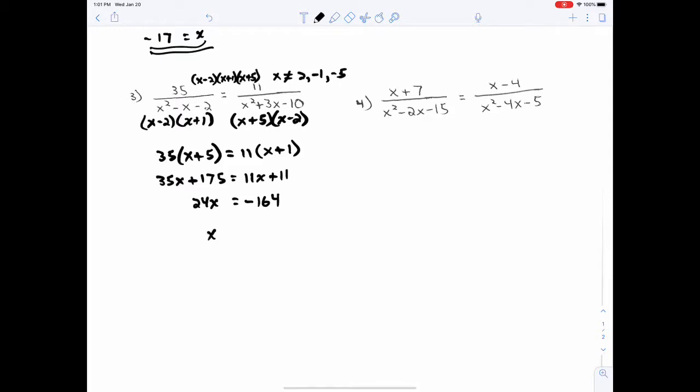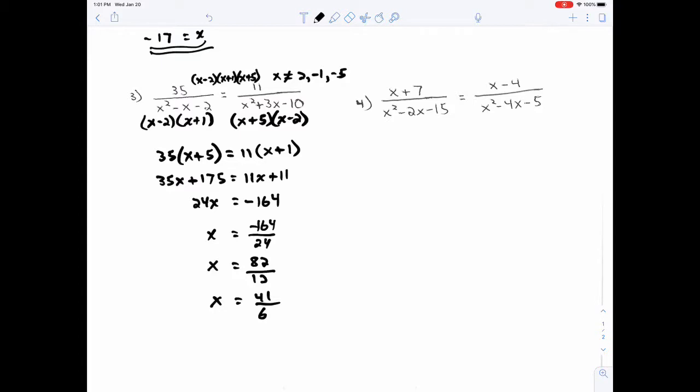And then we'll divide both sides by 24. Okay, so that would give me what, 82 over 12, which I can reduce more to 41 over 6. Okay. So now we have to check. Is that 2, -1, or -5? No, so we're okay.